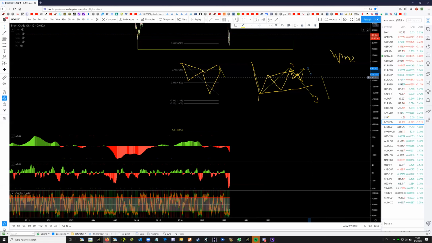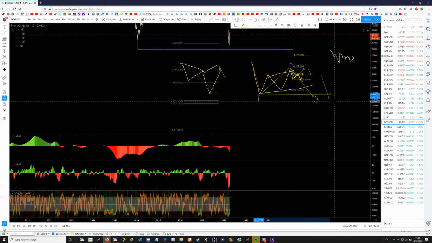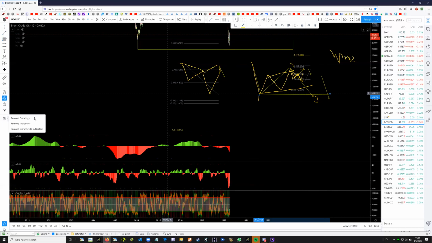So instead of going from this to here, the 382, now you're aiming for the break of the low right here. In that sense, you're able to hold on to the trades much longer. So this is blending the short form and the long form. But before we think about long form, we must first be able to take these kinds of harmonic trades.